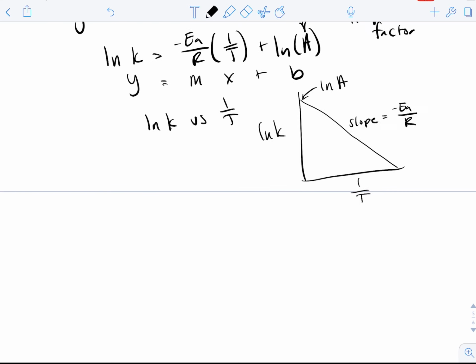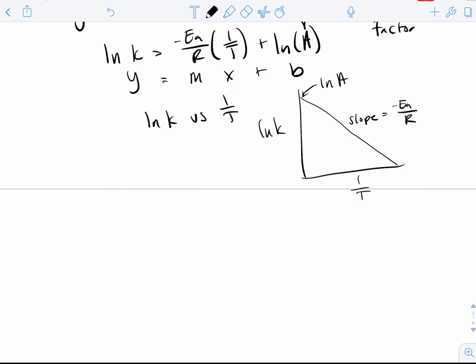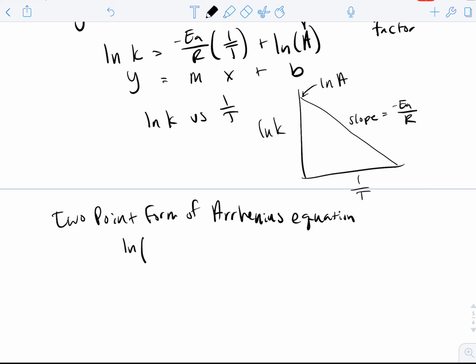What we almost always use is what's called the 2-point form of the Arrhenius equation. Where we take ln K2 over K1, so our rate constants, is equal to negative EA over R, times 1 over T2 minus 1 over T1.